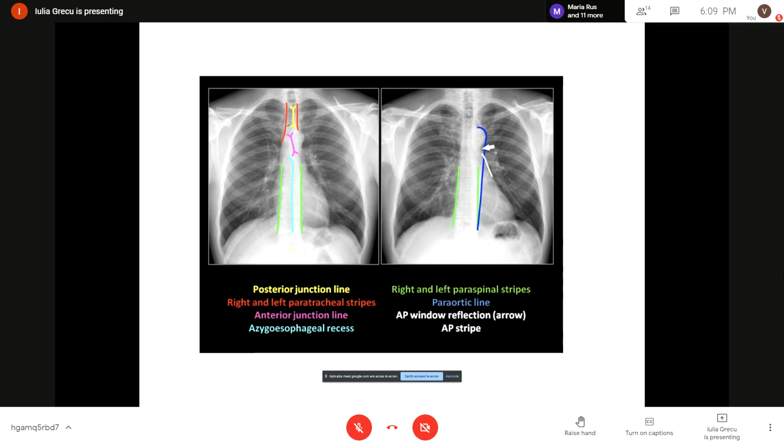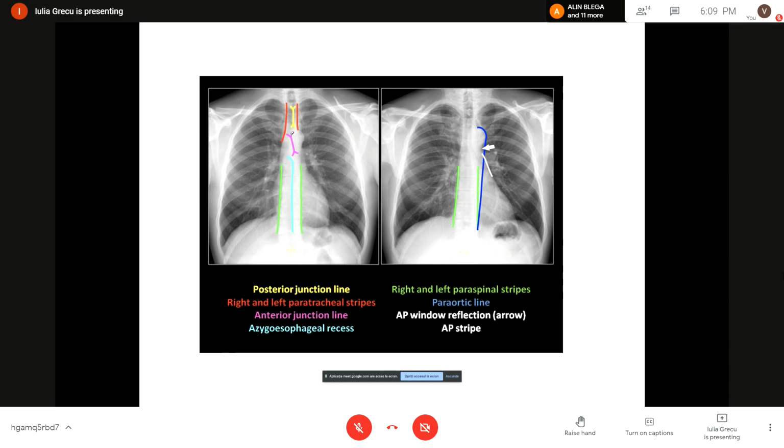There is the region where the lung parenchyma goes closely towards the edges of the trachea, and the small soft tissue that lies between the two of them will determine this paratracheal line.